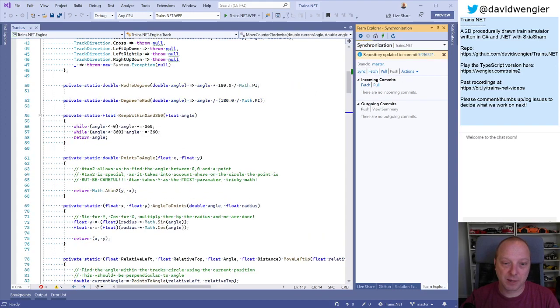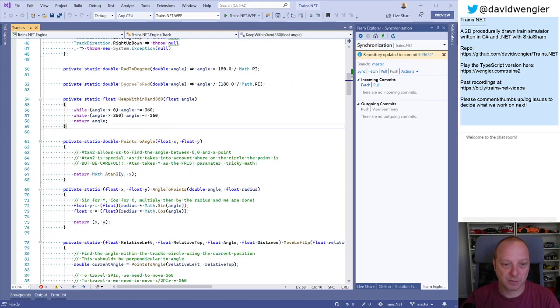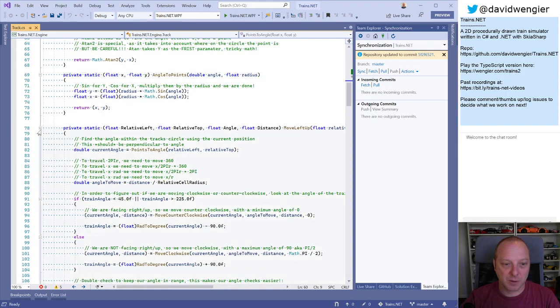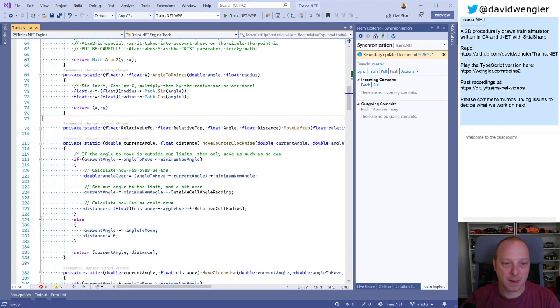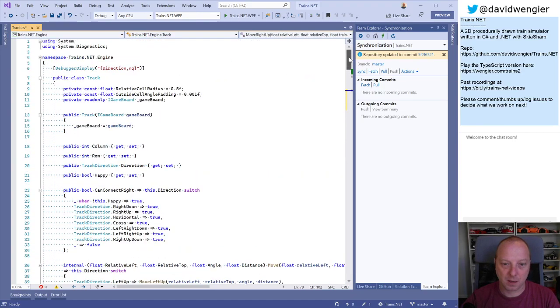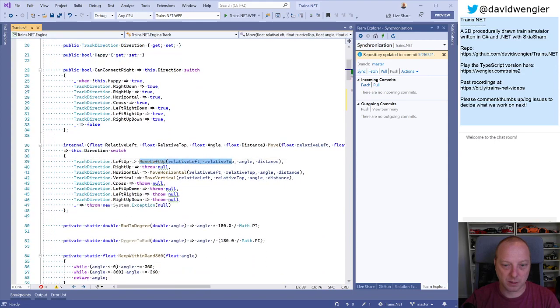So I'm going to do the same thing I did before. Here we are, lovely, lovely methods. So let's copy move left up, same thing I did last night, and we'll make it move right up. And we'll put that in here. So hook it up.